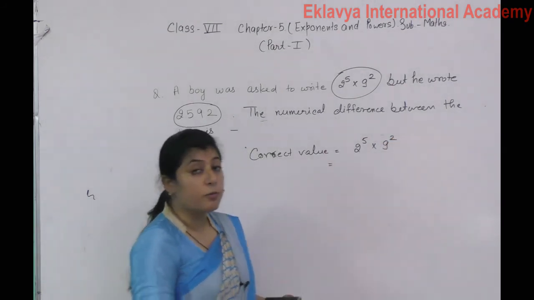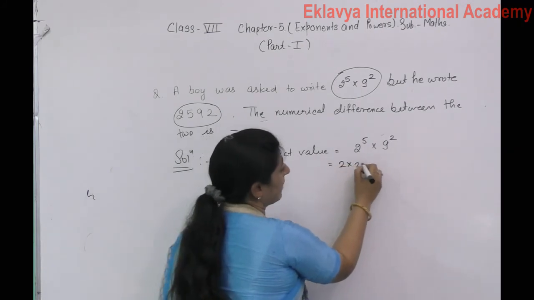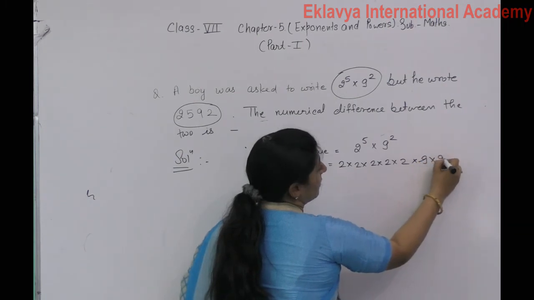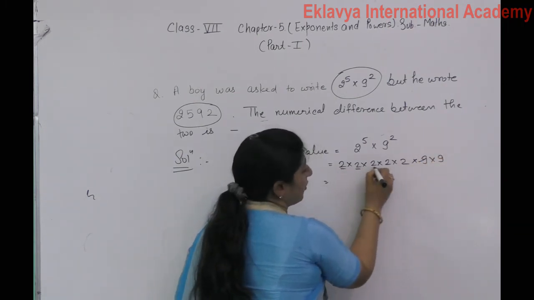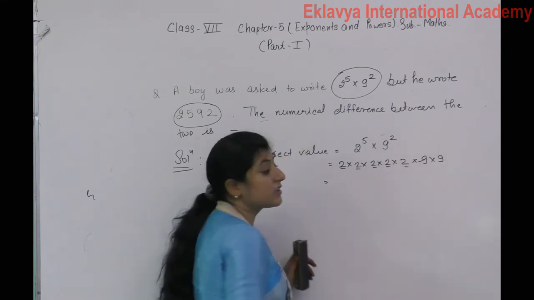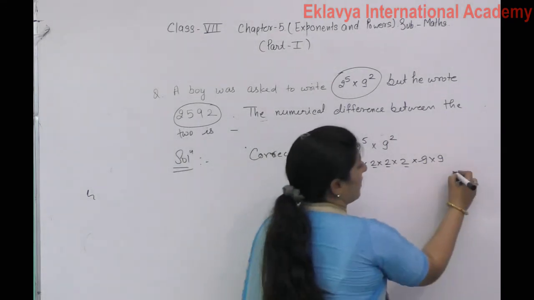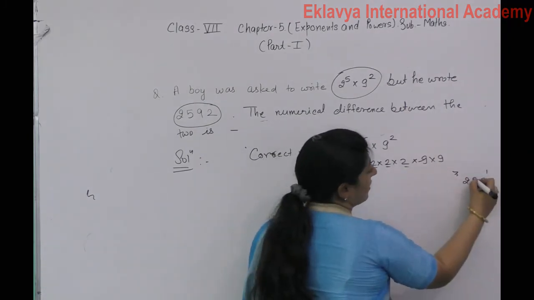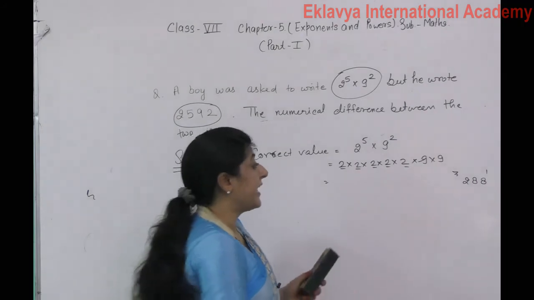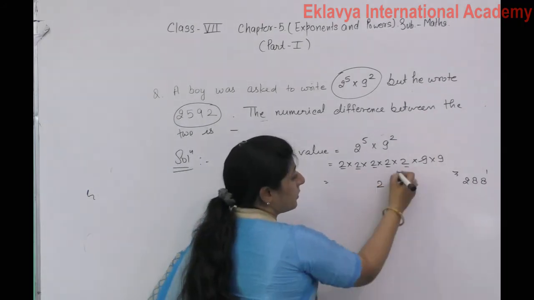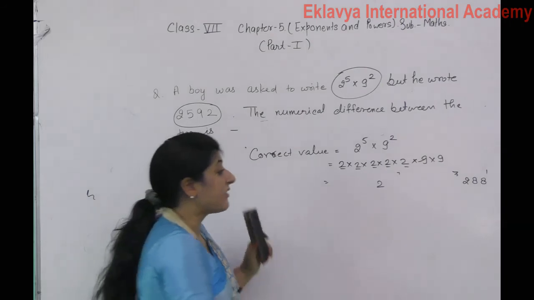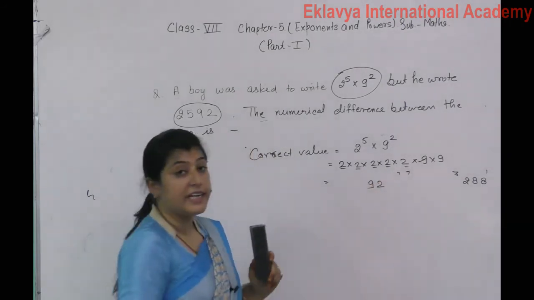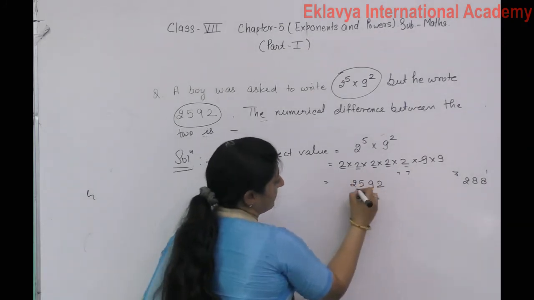Solve it firstly. 2 power 5 means 2 multiply by 2 multiply by 2 multiply by 2 multiply by 2, and 9 into 9. 2 2s are 4, 4 2s are 8, 8 2s are 16, 16 2s are 32. 32 into 9 is 288, and 9 9s are 81. Then 288 into 9: 9 8s are 72, 7 carry, 9 8s are 72 plus 7 is 79, 7 carry, 9 2s are 18, 18 plus 7 is 25.